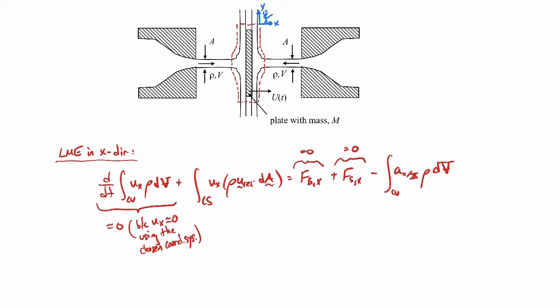Since these are free jets, it's atmospheric pressure in the jets, so there is no net pressure force. There are no viscous forces acting on the control volume, and no other resultant forces or anything like that. So there are actually no surface forces acting on that control volume.